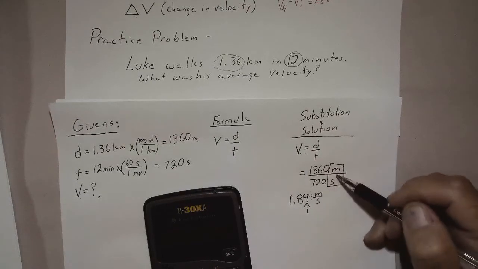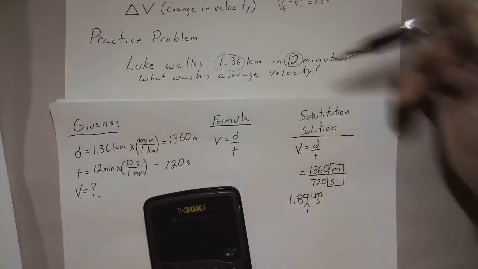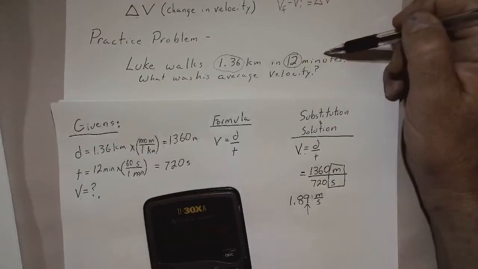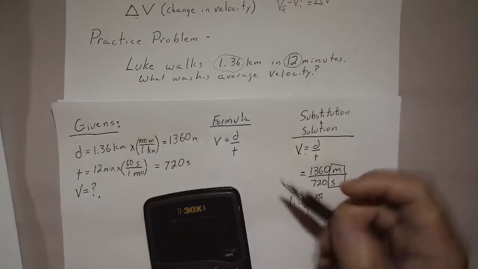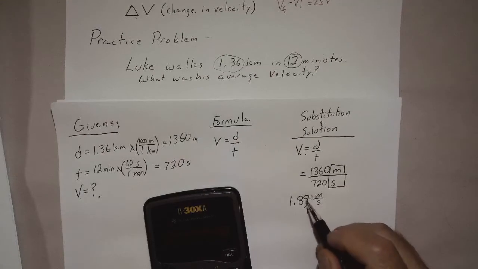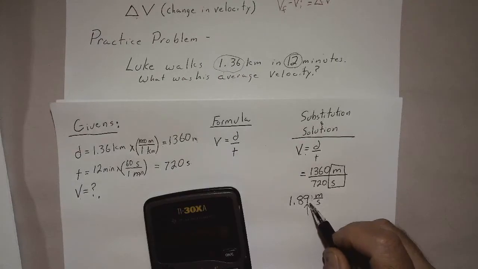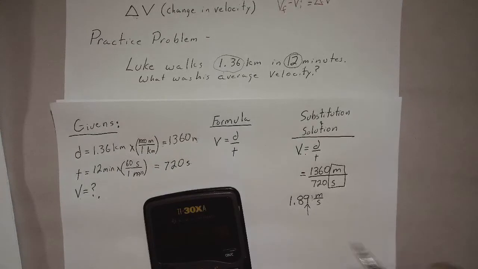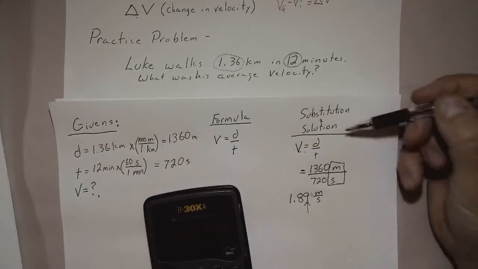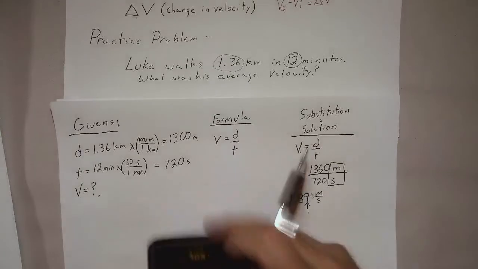We carefully watch how many significant figures we have on the input of the problem. On this one we have 2, meaning we're allowed 2, and 1 more as long as we know that this one is uncertain. Clearly any other number after an uncertain number is just nuts. So be careful about that. So 1.89 meters per second would be the velocity in this problem.